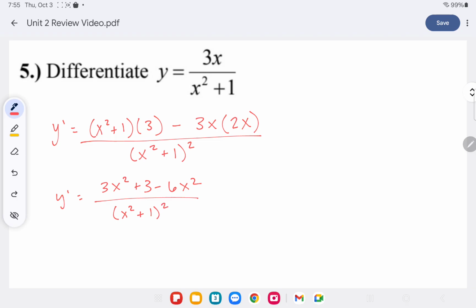Just using the distributive property there in the numerator. Next, I'm going to combine like terms in the numerator to get -3x squared plus 3. But then we can see that we have a GCF.